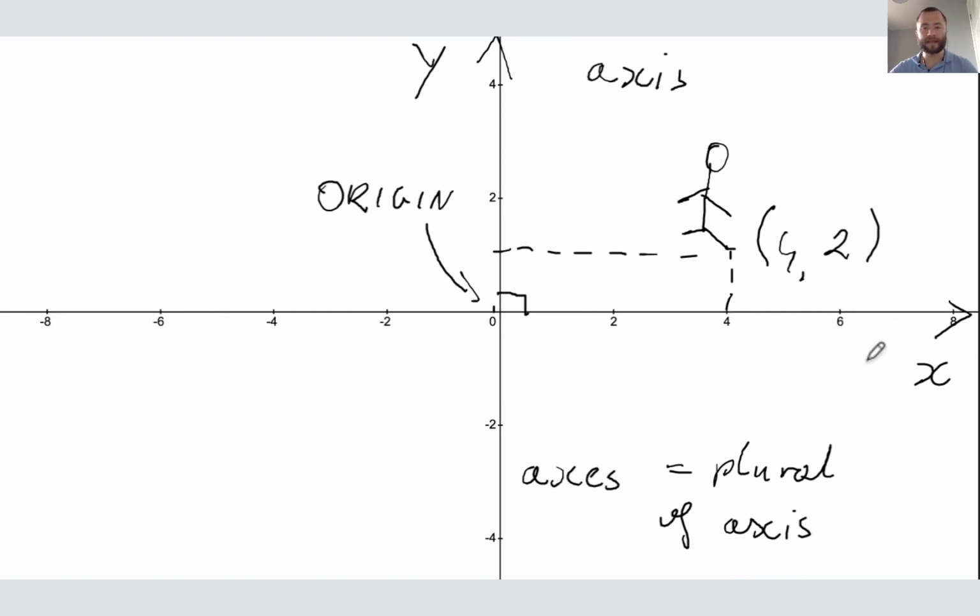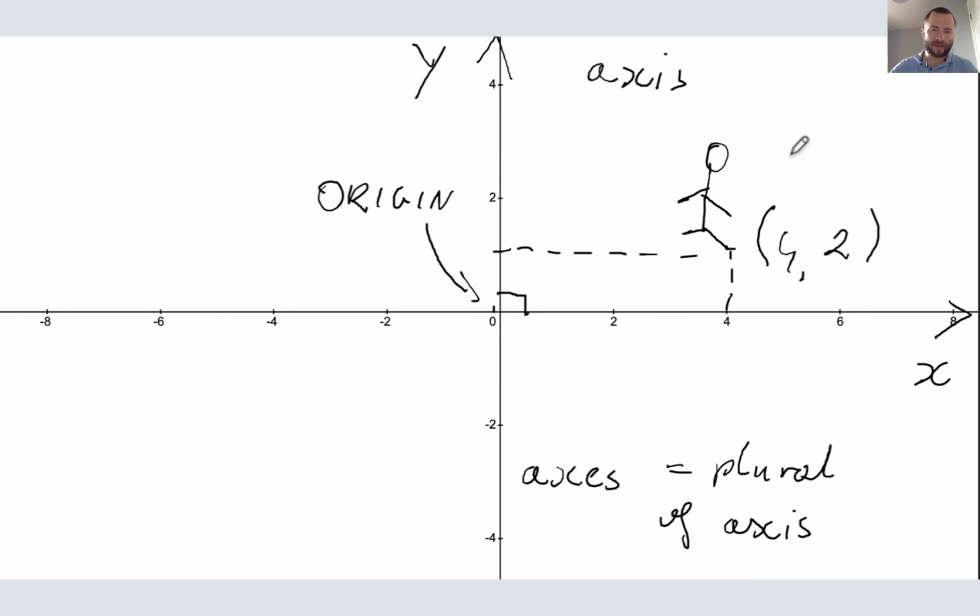If I say x-axis and y-axis, I just refer to a single one of them. And I want you to be very cognizant of this particular fact, that I always keep the same order of the numbers that I use to indicate location.